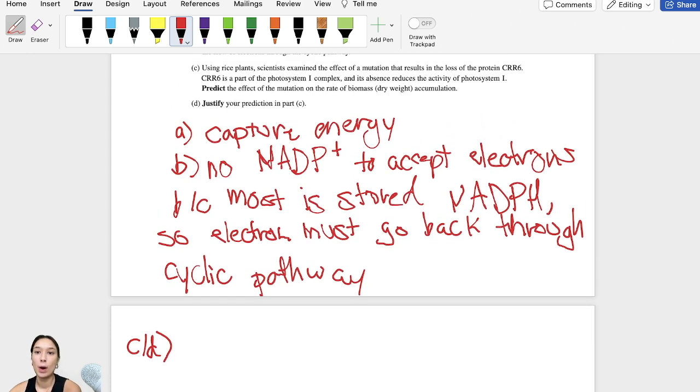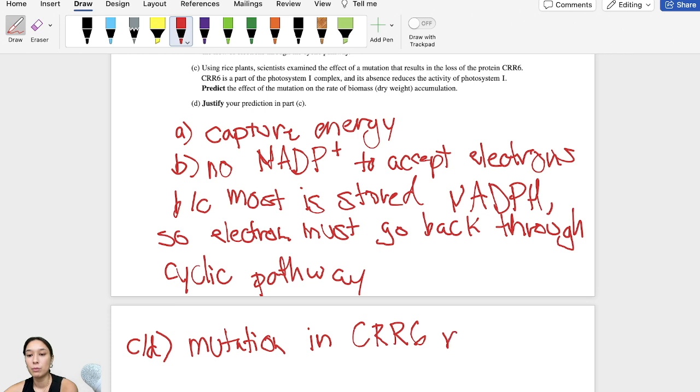Okay, so a mutation in CRR6 would reduce its activity, right? It wouldn't be functional. So mutation in CRR6 results in no activation, or it's just not there.